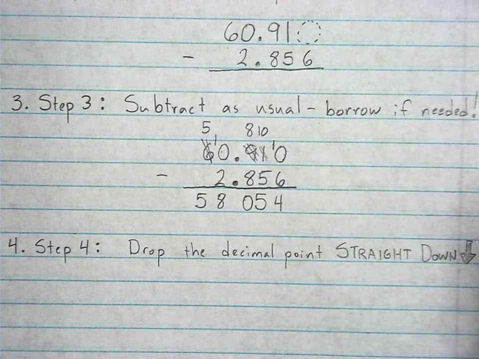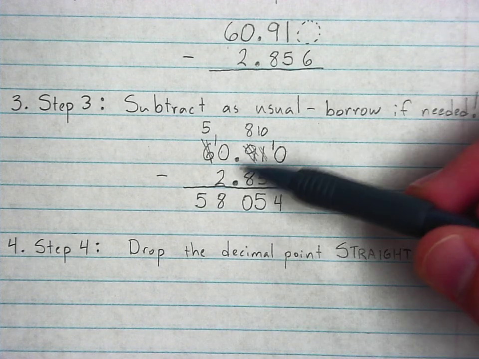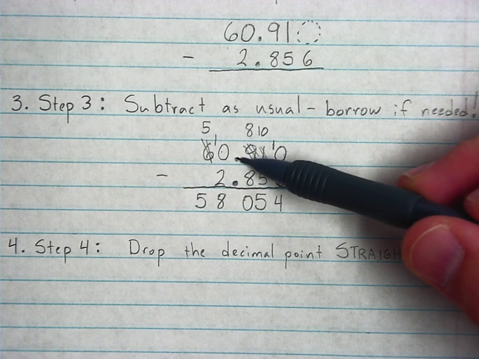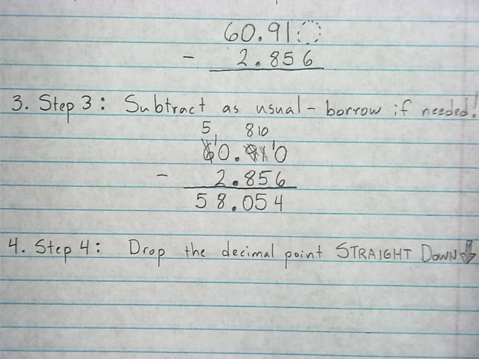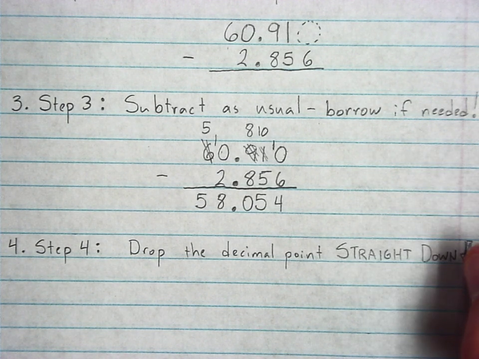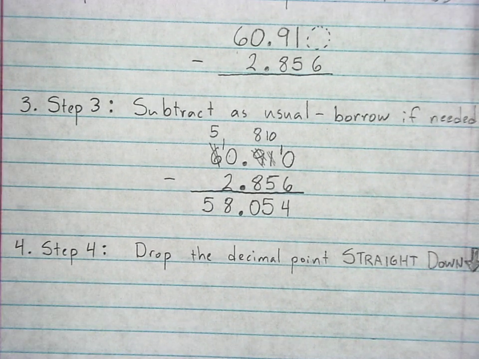Rather than make you rewrite the whole thing, I will just go ahead and show you here. It's dropping straight down. Going back to that place value chart, you are just keeping the decimal where it has always been.